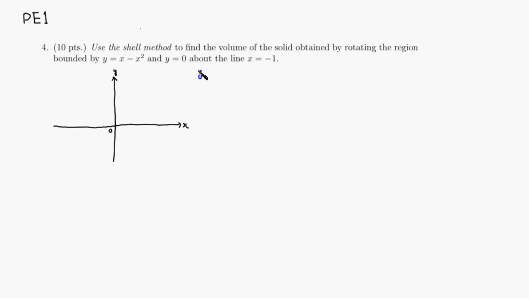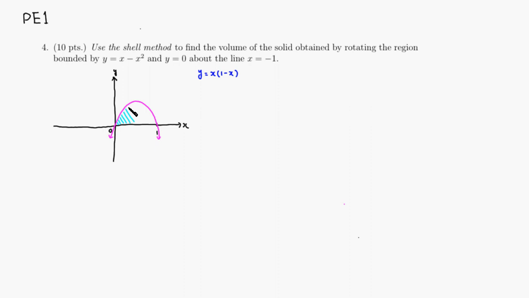So y is equal to x times (1 minus x), right? So it looks like 0 and 1 are the x-intercepts. So here's 1, here's 0, and because of the negative leading coefficient, we know that it's a downward-facing parabola. So it's going to look somewhat like this. And then with the x-axis, we are talking about this region right here.